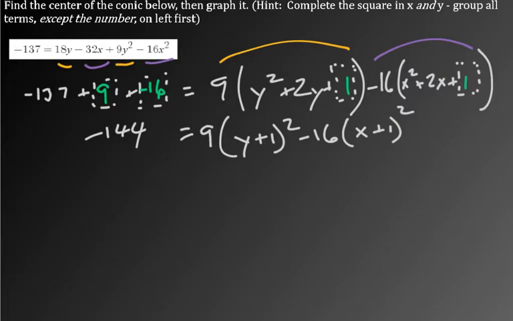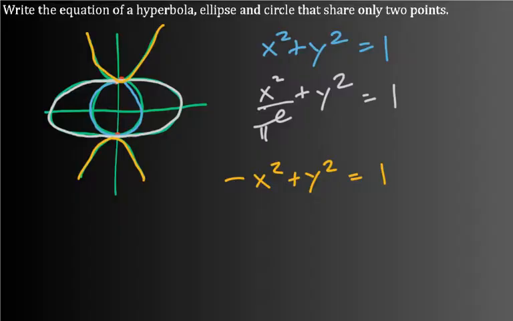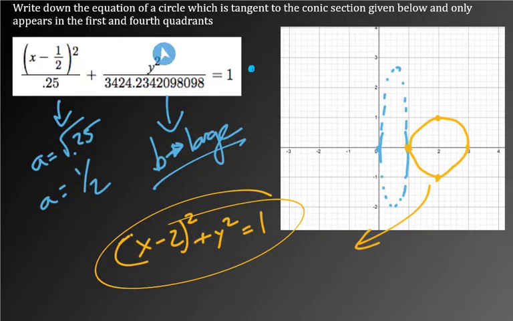Definitely don't want to use decimals for this. 9 divided by negative 144 is some weird decimal, but you really just want to reduce the fractions so you know what nice number is going to be on the bottom. I'm not going to try to give you something weird like 1 over 3,424 point blah, blah, some weird number.